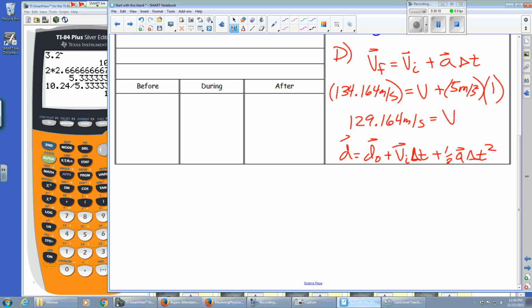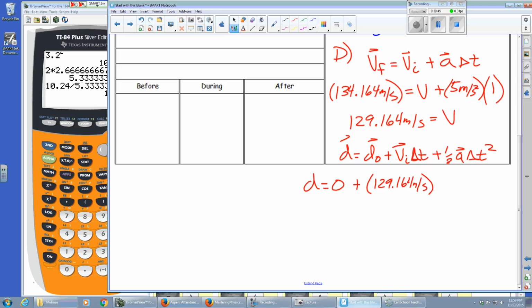So I'm going to call where it starts this at 0 again. So D equals 0 plus, and Michelle, what you hit is what is called luck, and you're going to see why. My V initial is 129.164.